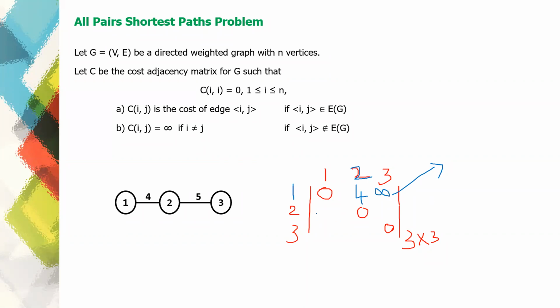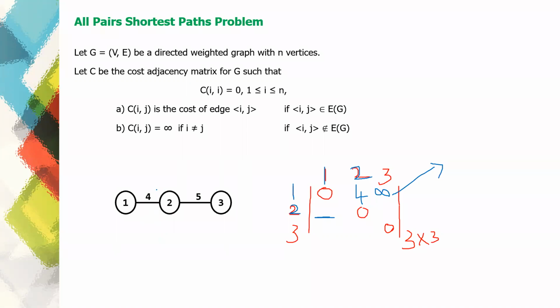Then for the next value, I am going to consider node 2 and node 1. This value is either infinity or the cost of the edge, depending upon whether there is a direct edge or not. So I'll check whether there is a direct connection between node 2 and node 1.